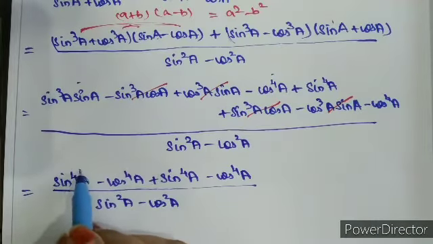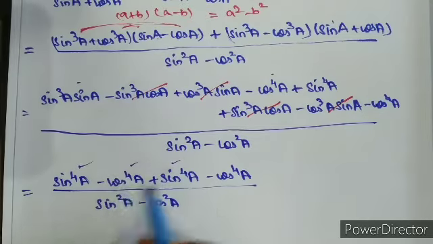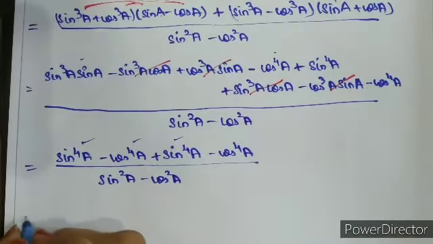So we can write this as we have 2 sin power 4 terms and we have 2 cos power 4 terms.